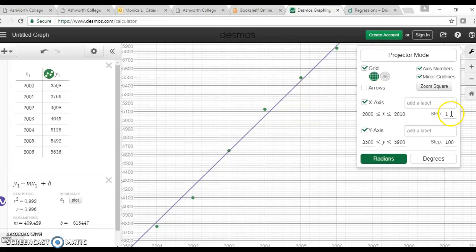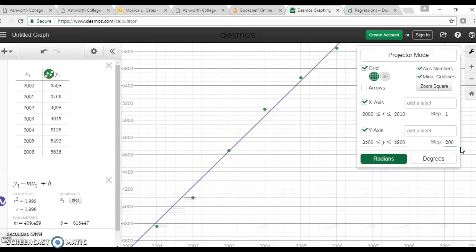And then I changed my steps. My steps for X is going up by 1, so I made it 1. And my steps for Y, I tried to make it in increments of 100. Probably can do a little bit more, maybe 200 or something like that to make it a little bit more visible. But I'm just trying to let you know how I was able to see the graph. You don't necessarily have to see it, but sometimes it helps. Sometimes we are visual learners.